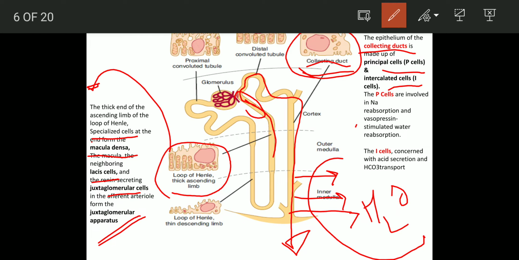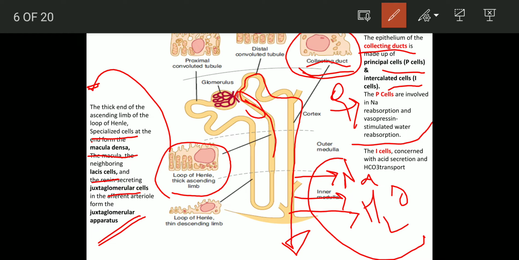So remember this about the collecting duct. What are these P cells? Question number one: these P cells are basically involved in sodium reabsorption and vasopressin-stimulated water reabsorption. So they are basically pulling out the sodium, taking sodium from the collecting duct back into the bloodstream.